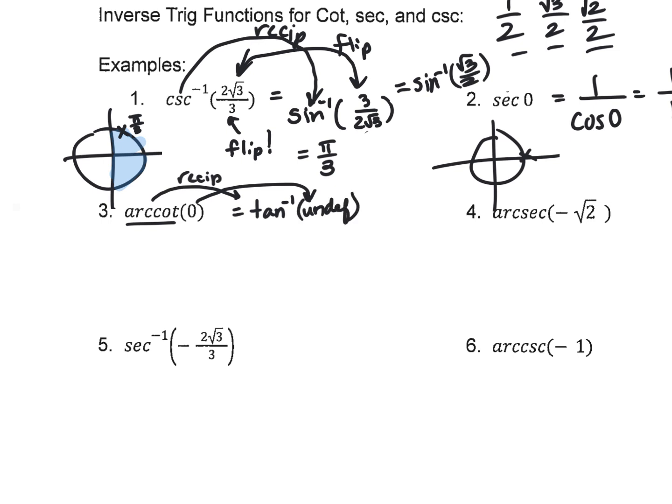So where is tangent undefined? Y'all are killing me. We did this. Look at your flip thing. Yes, pi over 2. Tangent is undefined at pi over 2 and negative pi over 2, isn't it?